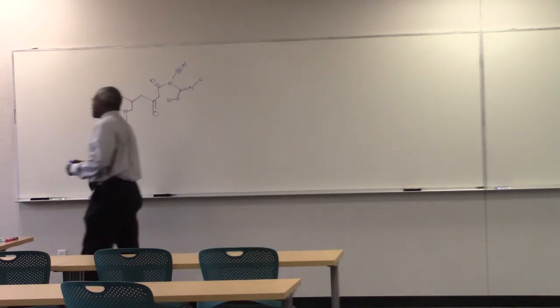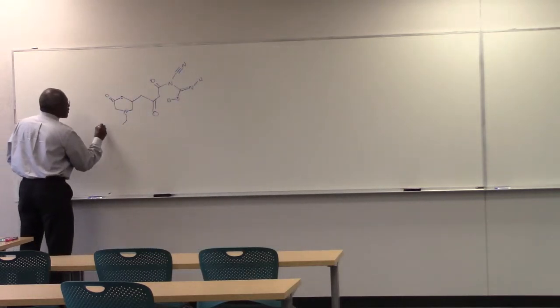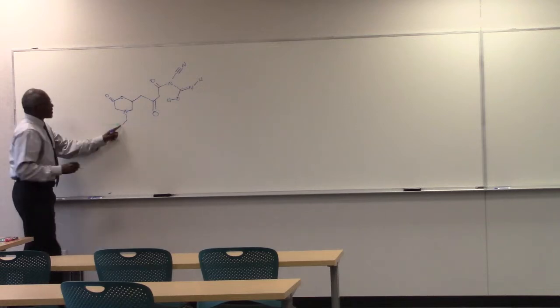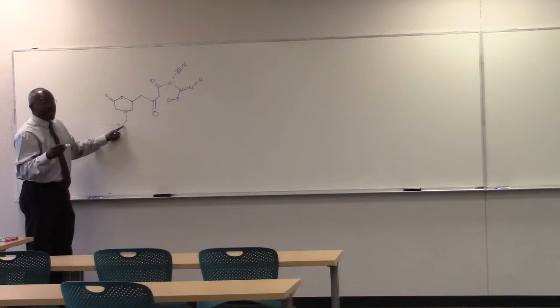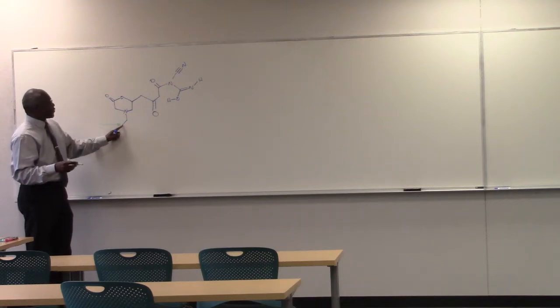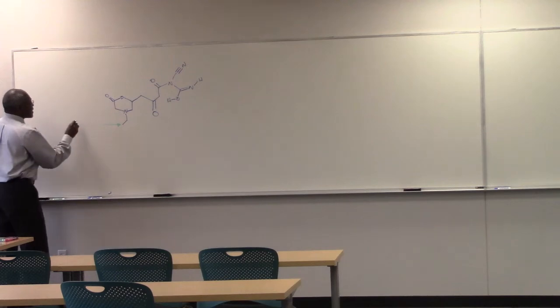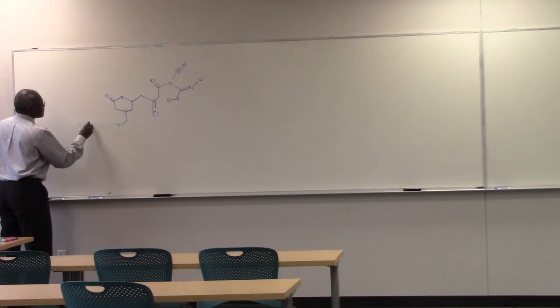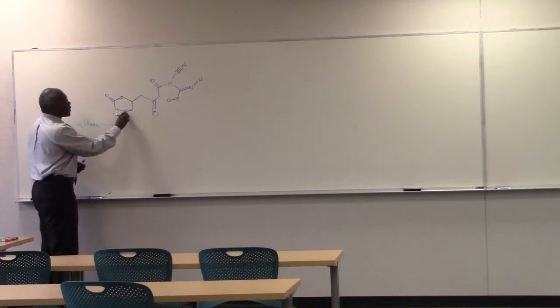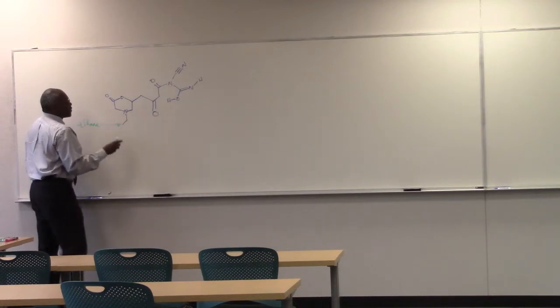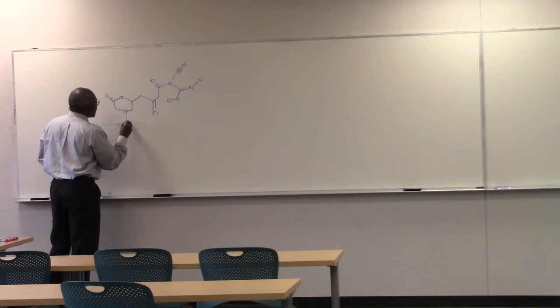So let's start here. This carbon has 0 bonds to heteroatoms. It's bonded to 3 H's and to a carbon. So no bonds to heteroatoms. It's at the alkane level. This carbon has 1 bond to a heteroatom, so we say it is at the alcohol level.